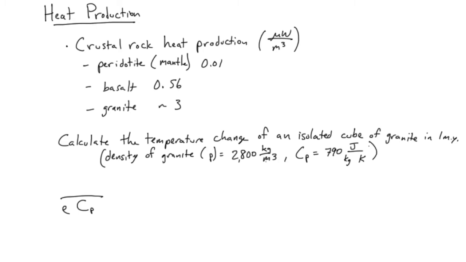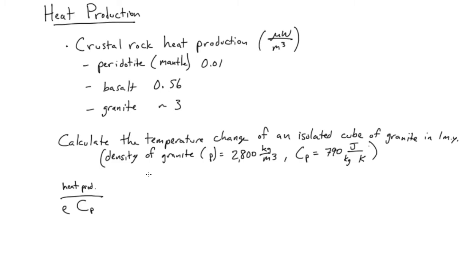And heat production has meters cubed in the denominator, as does the density. So I think we're going to want to put this heat production term, we don't have a letter for it, in the numerator.